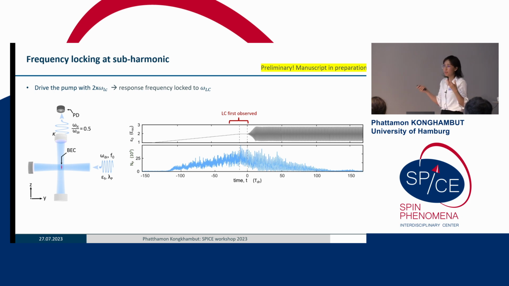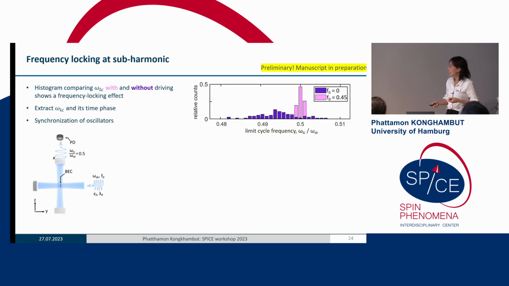If you would be able to Fourier transform by eye, which you're not, now I'll do it for you, that it is really exactly half. So now the frequency is locked to half of the modulation. What do we do? So here, without driving, we have this distribution of frequency of your time crystal. So it's really spreading. So it could be anything.